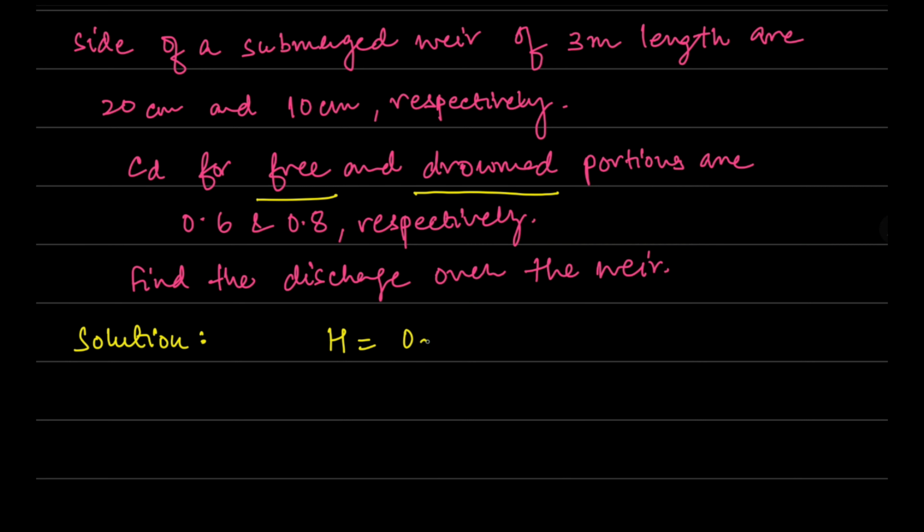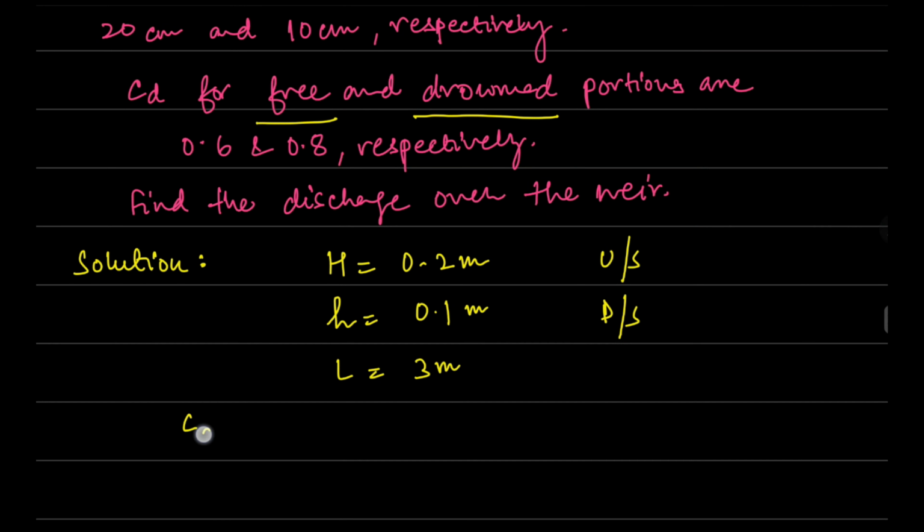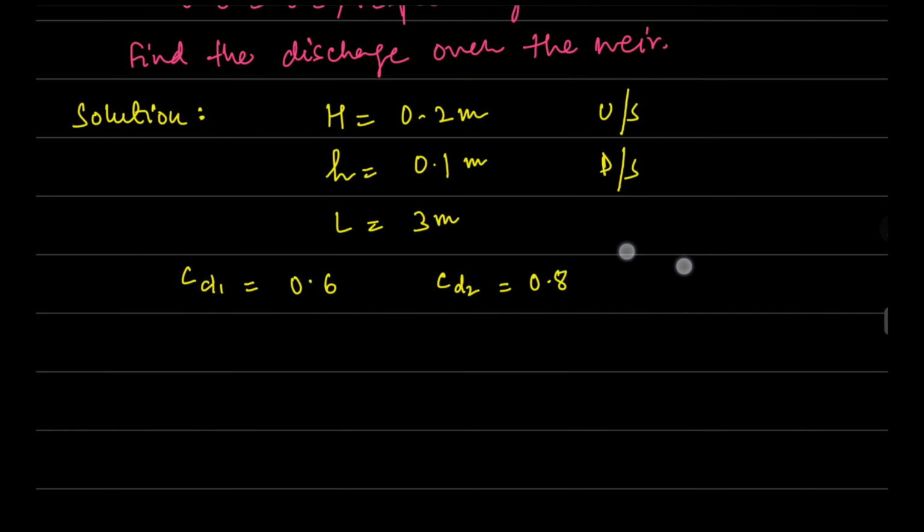So this H is equal to 0.2 meter, and this is the upstream side, and similarly height of the water on the downstream side can be written as small h, that is 10 centimeter. So this is 0.1 meter. And now the length of the weir is given to us, that L is equal to 3 meter, and we have to take the CD1 and CD2 because two coefficients of discharge are over there, so that is 0.6 and 0.8.